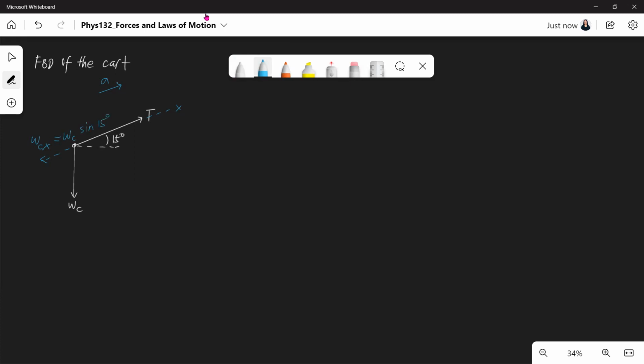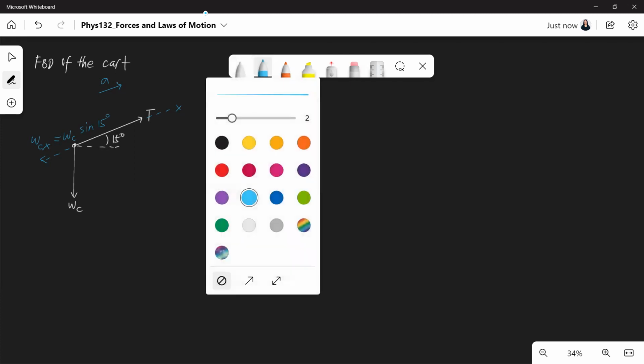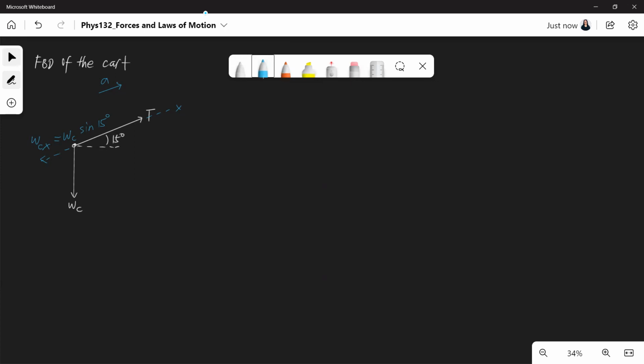While here on this axis, perpendicular to that component of the weight, is the other component of the weight, which is the y component. Or it's the component perpendicular to the surface of the rail or surface of the incline in general. So this is the y component.